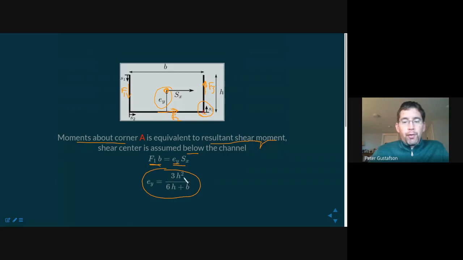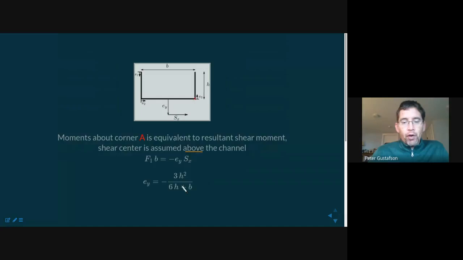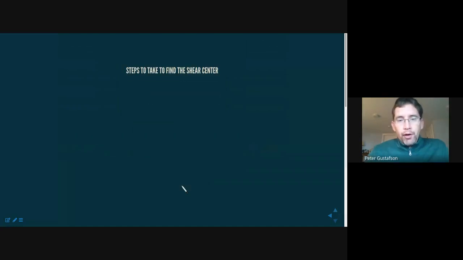So there really should have been a negative sign here, except for the fact that if the diagram had been drawn correctly, then it would have been positive. Anyway, irrespective of how we choose our point, irrespective of where we place our original assumption, rigorously calculating this will take care of itself with the signs.